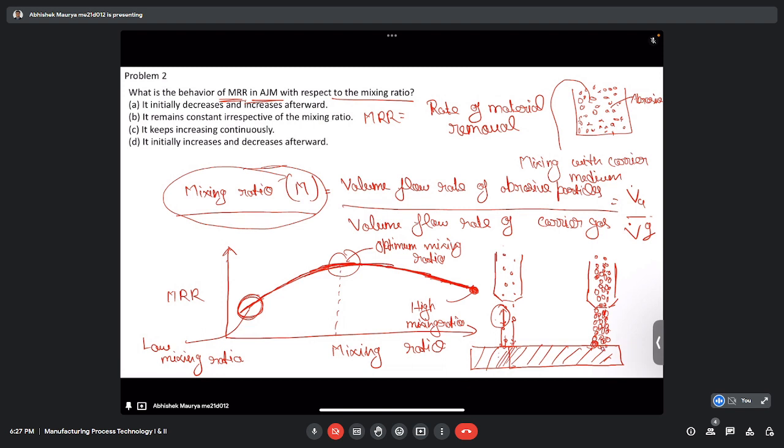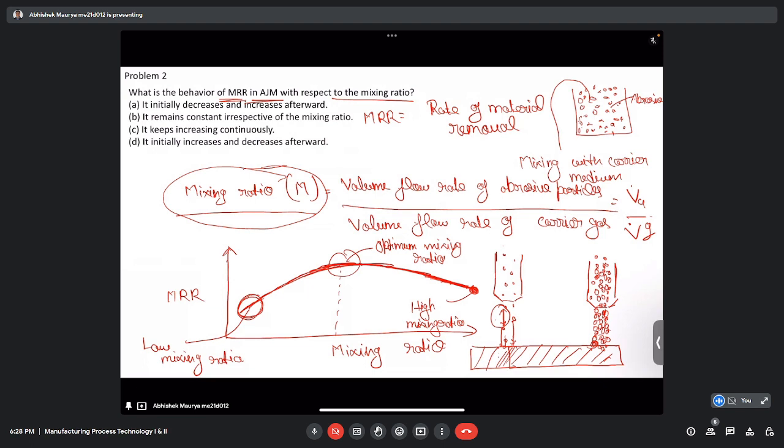More collisions will happen among themselves, and those collisions will not be responsible for momentum transfer to the workpiece. Therefore they will not participate in material removal. So if the mixing ratio is very high, the major portion of abrasive particles will not participate in material removal, therefore MRR will be less.